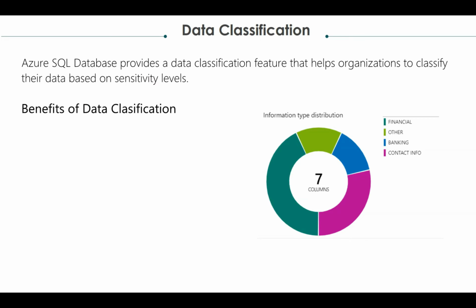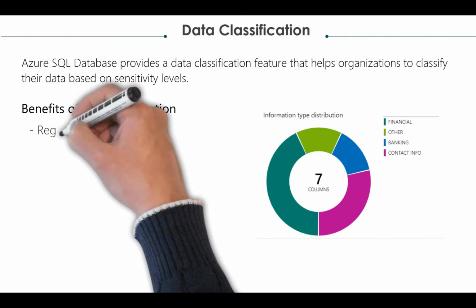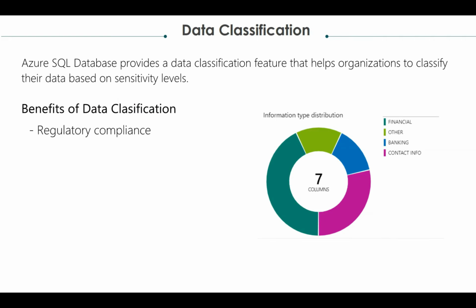There are several benefits of data classification in Azure SQL database. Data classification in Azure SQL helps organizations to comply with various data protection regulations such as the GDPR, which stands for General Data Protection Regulation, and HIPAA, which stands for Health Insurance Portability and Accountability Act.